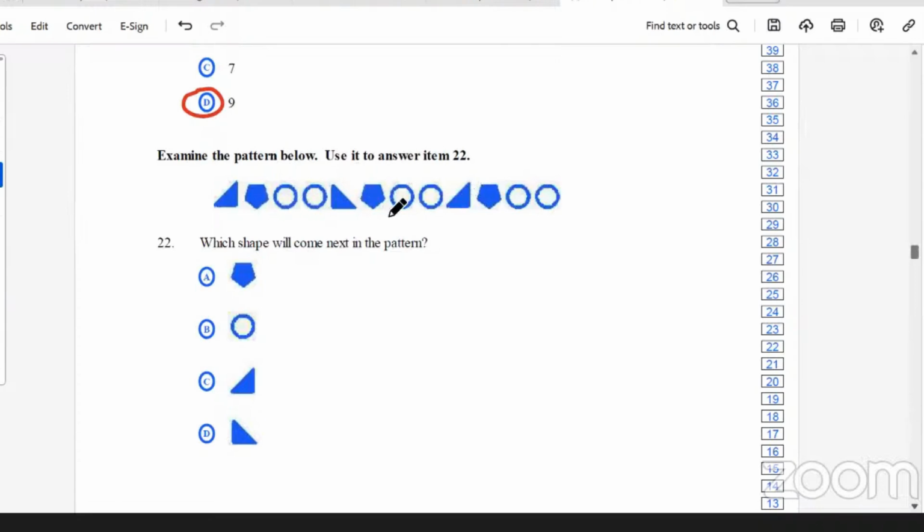But you notice that the triangles are facing opposite directions. First there was a triangle slanted to the left, then right, then left. So we're going to be looking for a triangle that's slanted to the right. So the answer would be D.